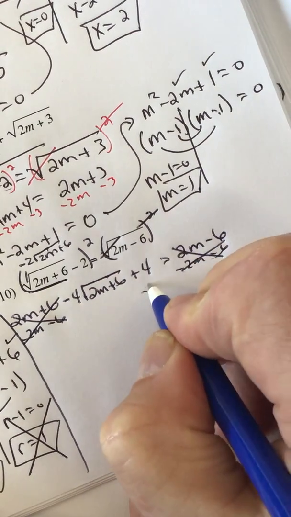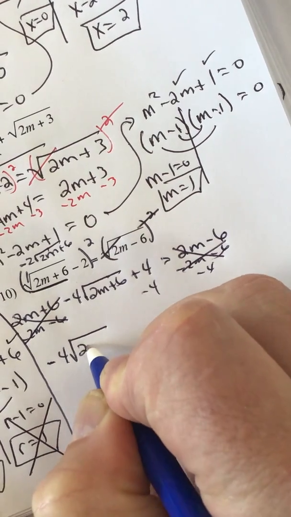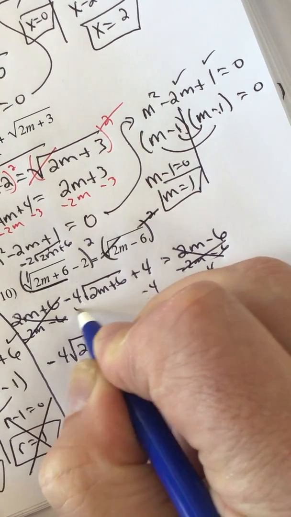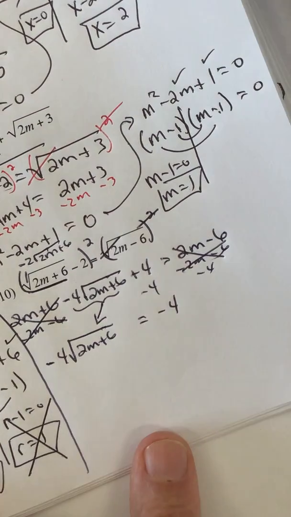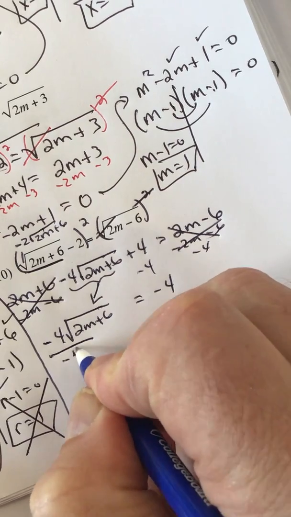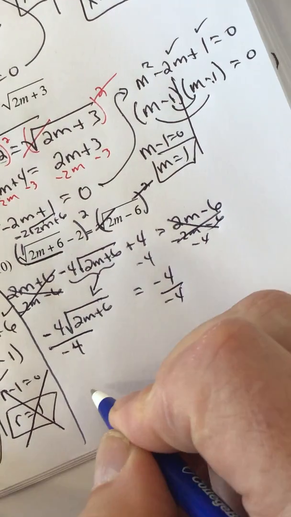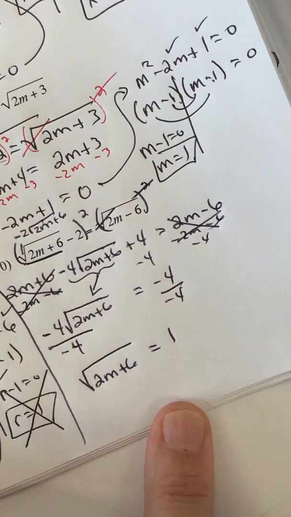And then this 4 can just get moved over there. So really I have this negative 4 times the square root of 2m plus 6. There's that piece. And then that 4 went to the other side. I'm going to divide both sides by negative 4. So we end up with the square root of 2m plus 6 equals 1.